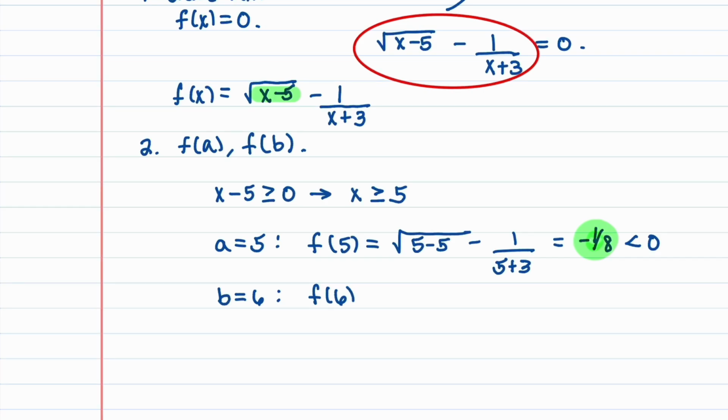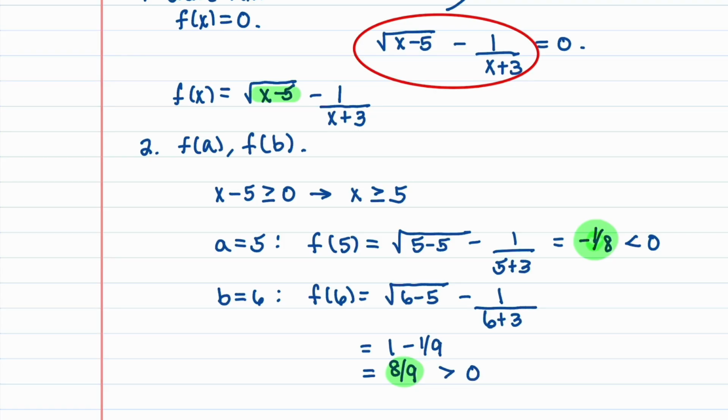F at 6 is the square root of 6 minus 5 minus 1, all divided by 6 plus 3. This is 1 minus 1/9, and this is equal to 8 over 9. Let's highlight that. This number is greater than 0.